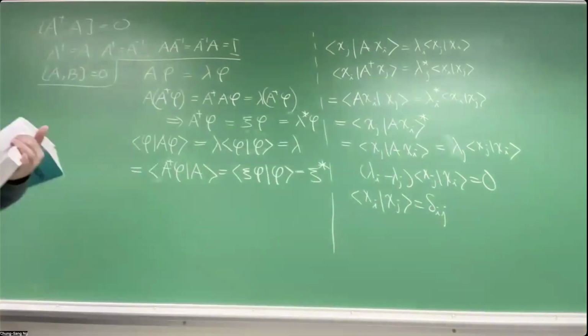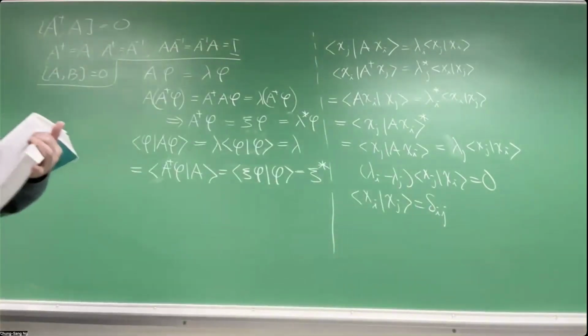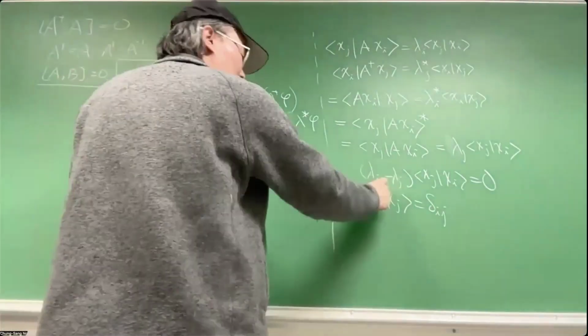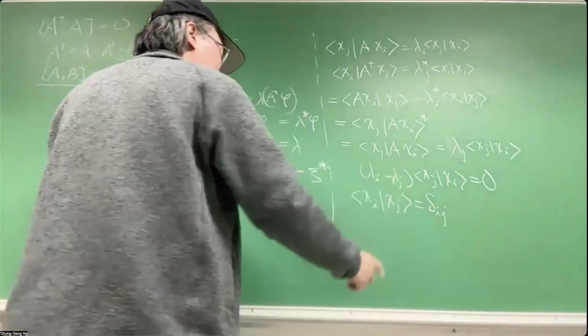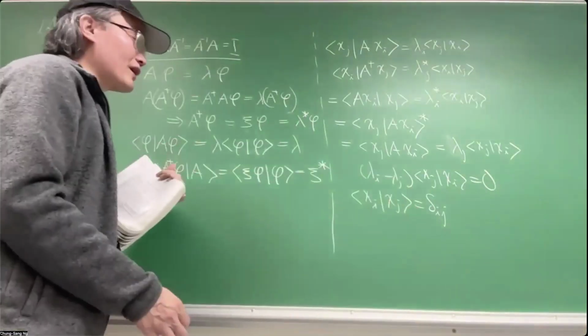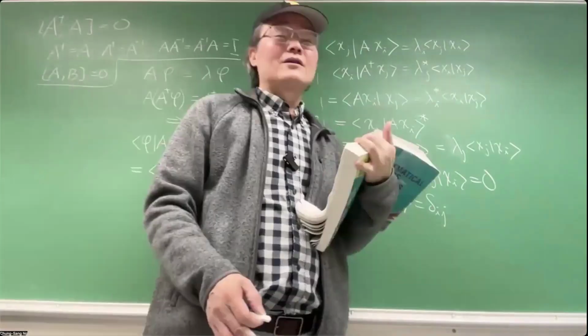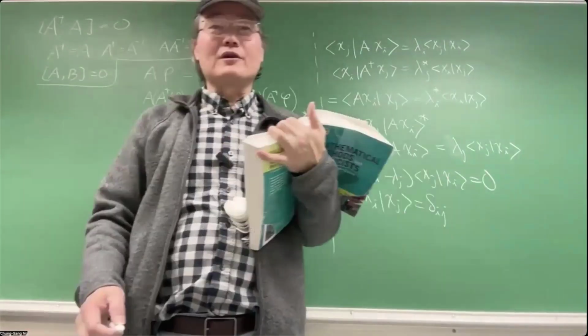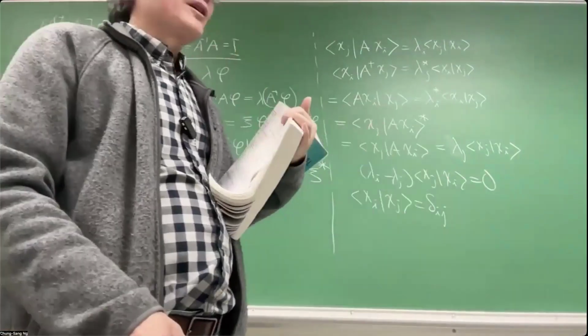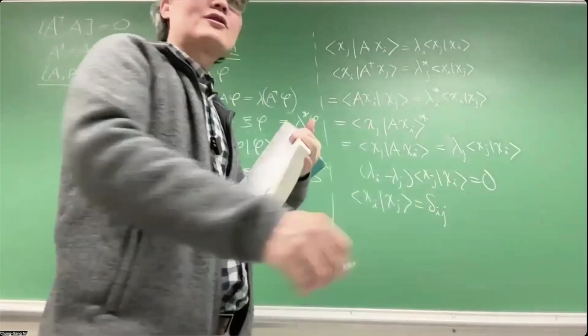So by our choice, we can choose the scalar product of x sub i and x sub j to equal the Kronecker delta. So we can choose a set of x sub i that form an orthonormal set. This is the way to derive that.